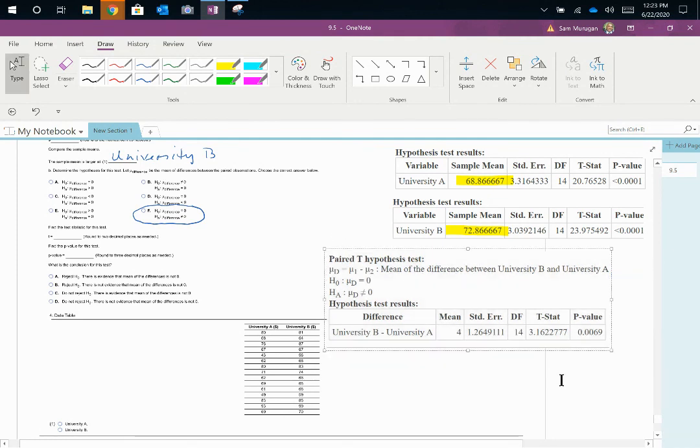Here we go. So the t-stat here, to 2 decimal places, is 3.16. And the p-value to 3 decimal places is 0.007.